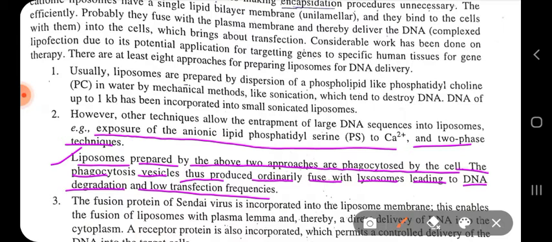So liposome mediated gene transfer is of somewhat low efficiency because we are using the same principle as in phagocytosis. We are trying to introduce our liposome where our desirable DNA is there, and by the process of phagocytosis they are getting engulfed into the cell.